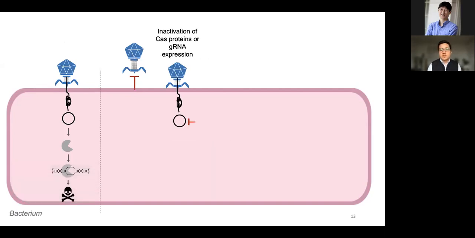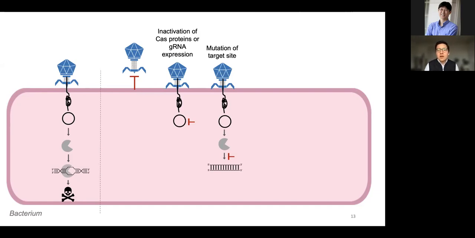Other ways in which it could develop resistance is by inactivation of the Cas proteins, or by inactivation of the expression of the Cas proteins or the guide RNA. It can also happen that the bacteria acquire a mutation in the chromosome at the target site, so the CRISPR antimicrobial cannot work anymore.